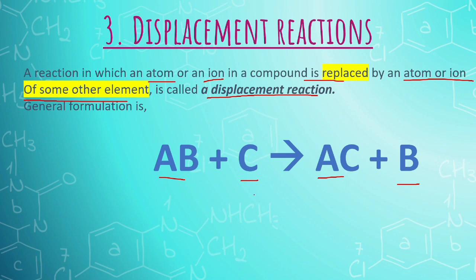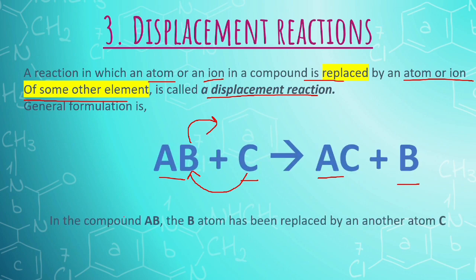The C atom replaces the B from the AB compound and B is out of the compound. So in the compound AB, the B atom has been replaced by another atom C. This is the general formulation of displacement reactions.